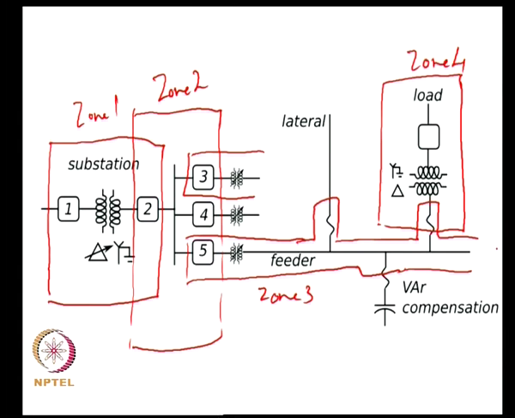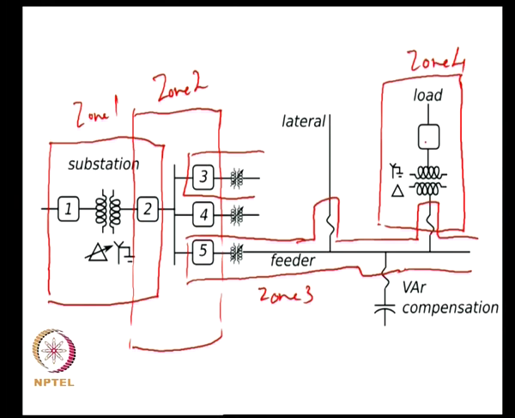So, you have priority for the zones of protection, and you also need coordinated protection. For example, if you have a fault in a particular load, you would like the closest protective device to actually open, and you want to minimize the disturbance that the fault creates to the balance of the system.